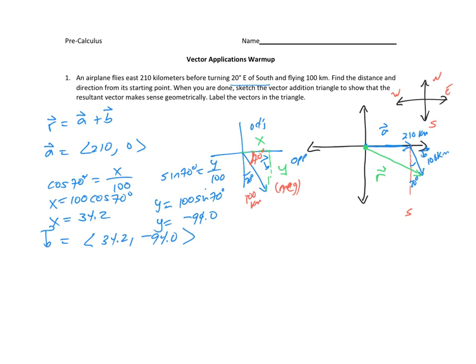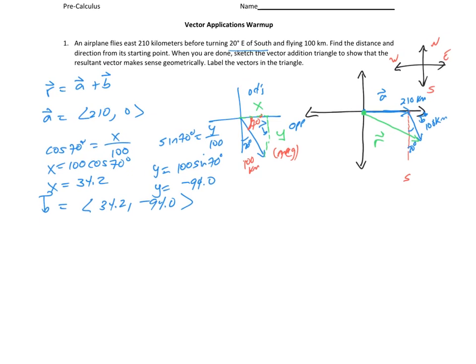And now we are actually ready to find the resultant vector in component form. So R is going to be the A vector plus the B vector. The A vector was 210 comma 0 plus the B vector, which is 34.2 comma negative 94.0.